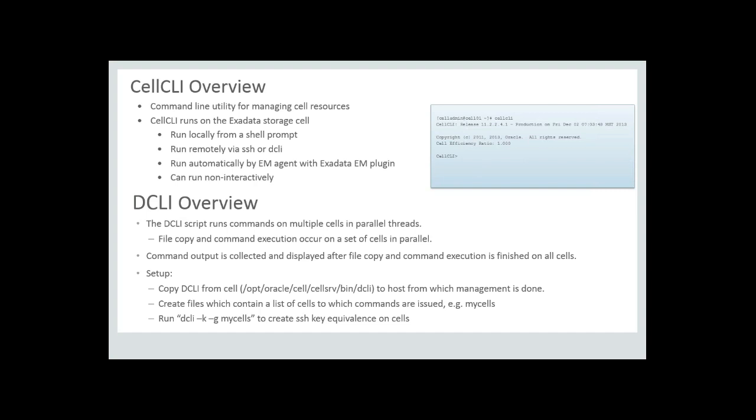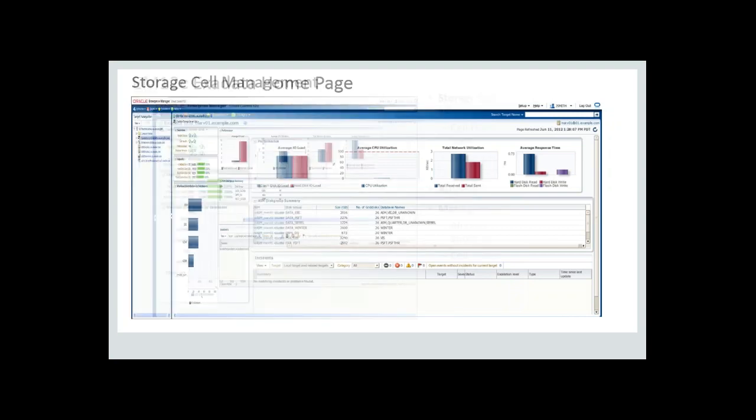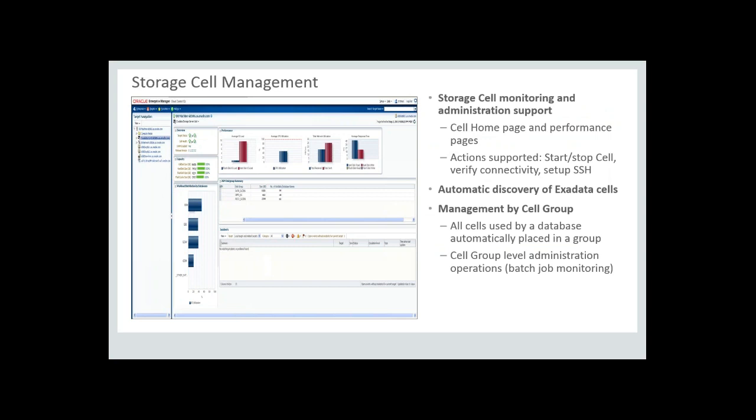And of course, our favorite EM12C. You can use EM12C to manage your database. Your storage servers are managed from EM12C. So from the storage cell homepage to the performance page for the storage server, everything you can see in EM12C only.